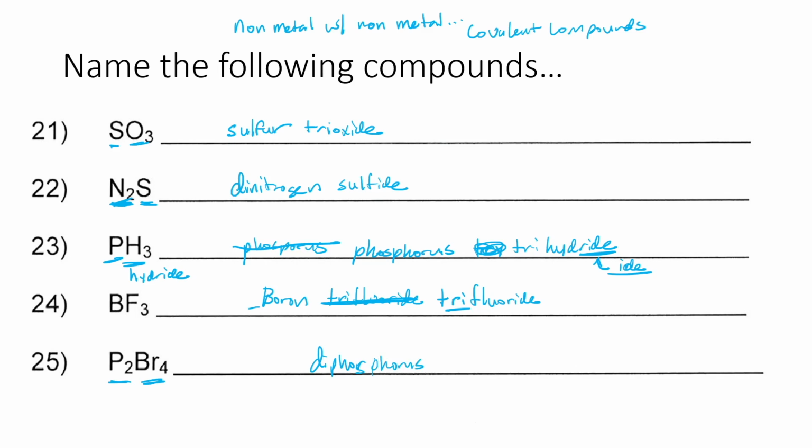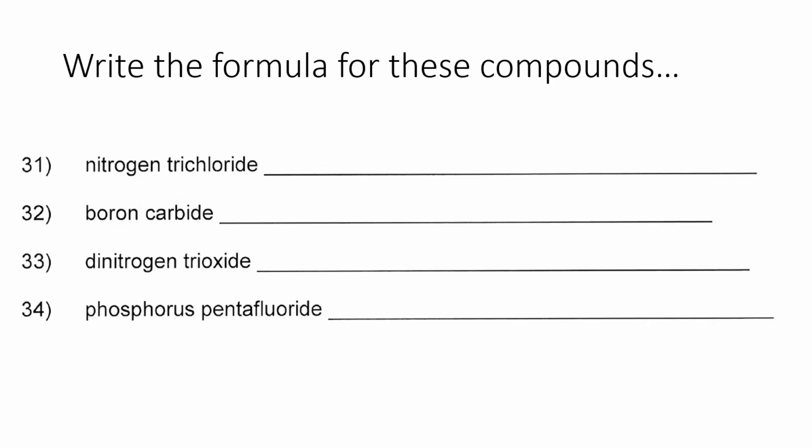And then the Greek prefix for 4 is tetra, so we'll do tetrabromide. So this particular pair of phosphorus needed 4 bromines for it to be happy. That's pretty greedy. All right, let's do a couple more here.